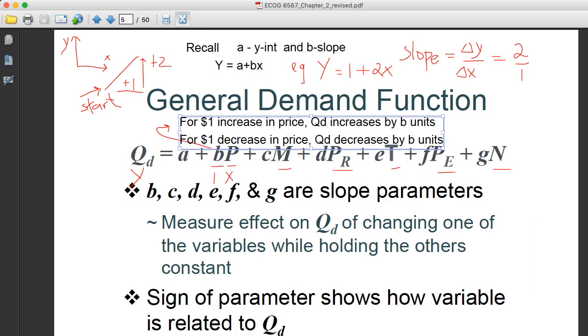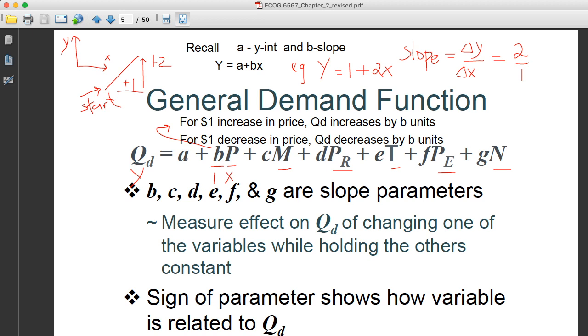Okay, so that is the slope effect. That is also what kind of effect?